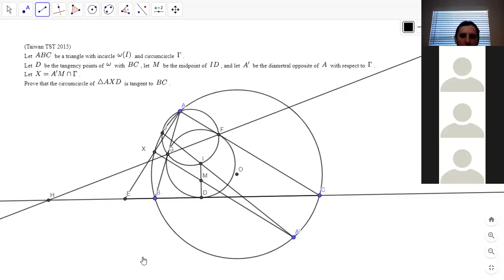Feels like projective geometry might work. Just not sure how.